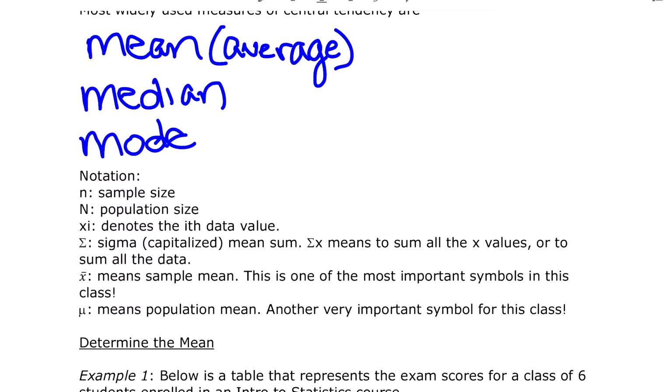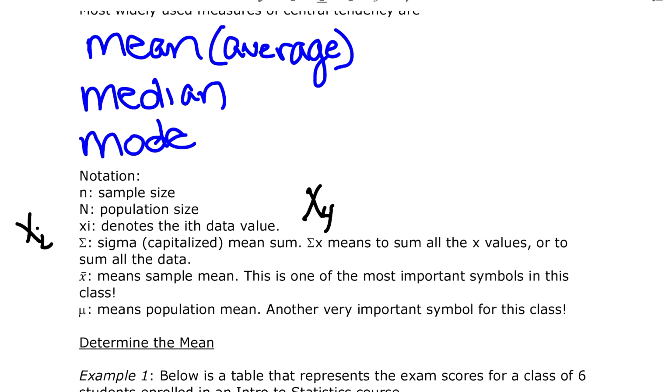This next one, x sub i, denotes the ith data value. You may also see it with an X and the i subscripted next to it. What that means is I want you to go look at that data value. So if I put X with a little 4 next to it, that means look at the fourth data value.